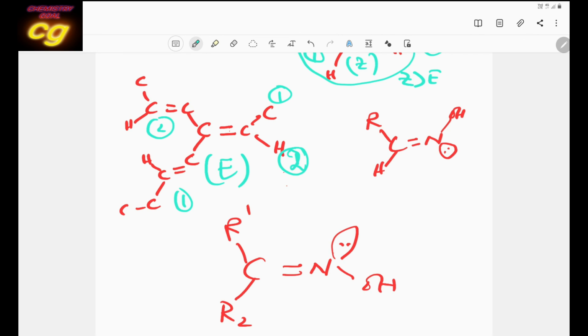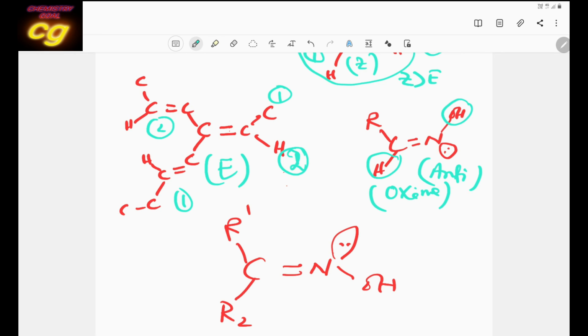Similarly here, a very important thing: here a group is not attached but a lone pair, which is also considered as a group. Here, if you consider hydrogen and hydroxyl group, this is called oxime, arrangement of oxime. Oxime with H and OH opposite is called anti. Anti means opposite.